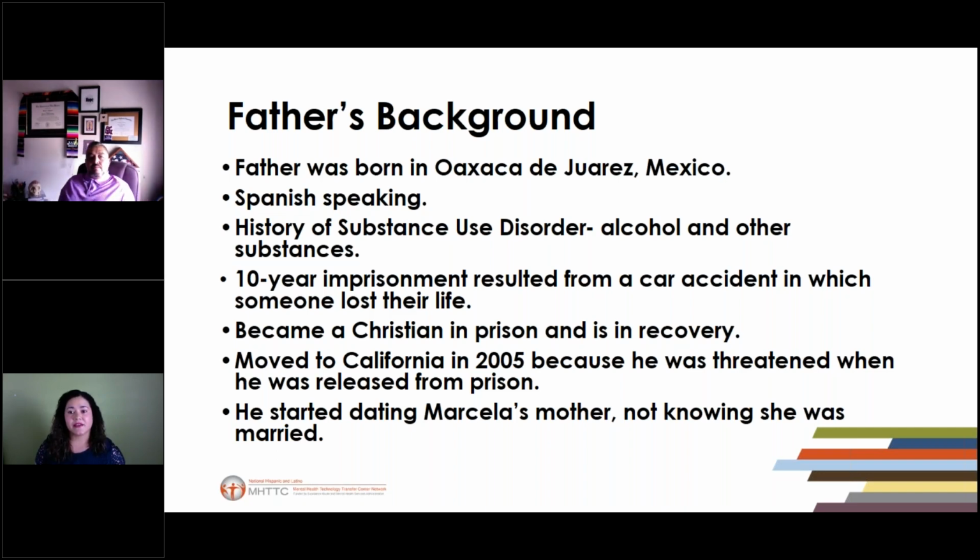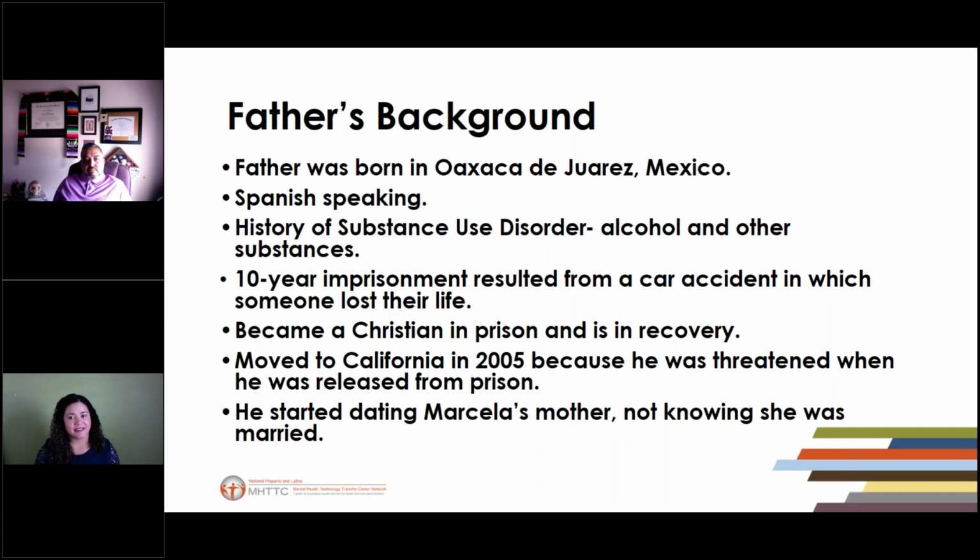And sometimes he goes back to his home without the client, without Marcela. So he was scared that because of the inconsistency of mom, he was going to jail again because he wasn't being compliant with what the judge said.